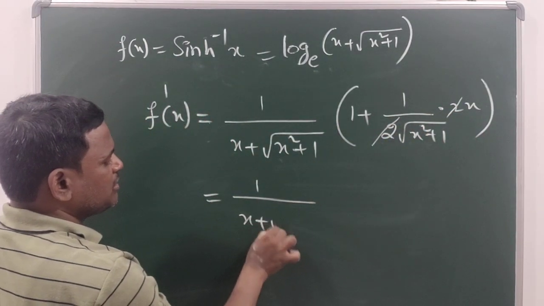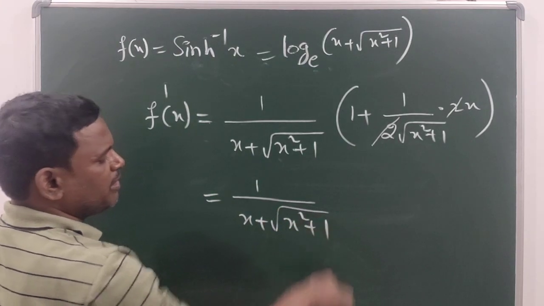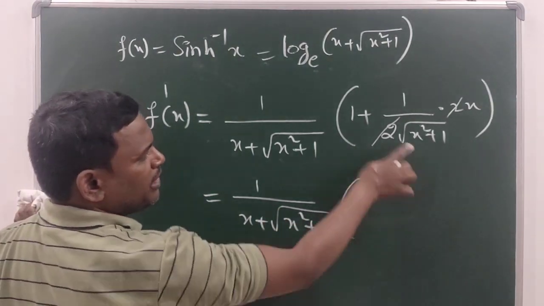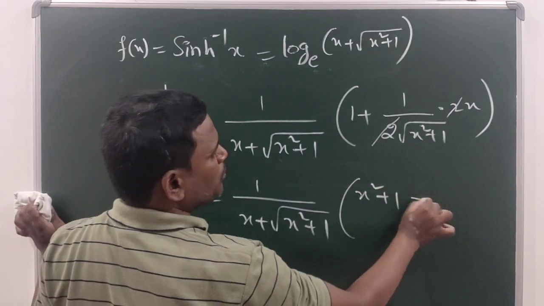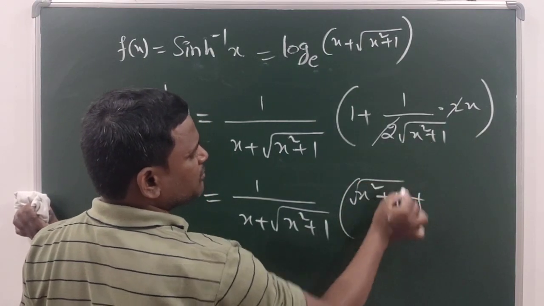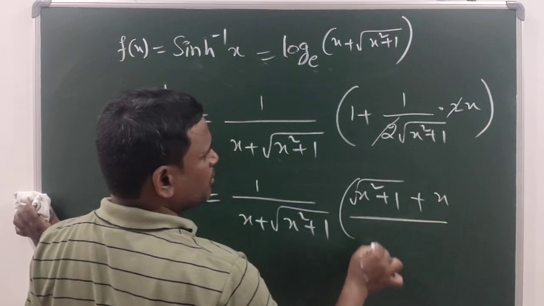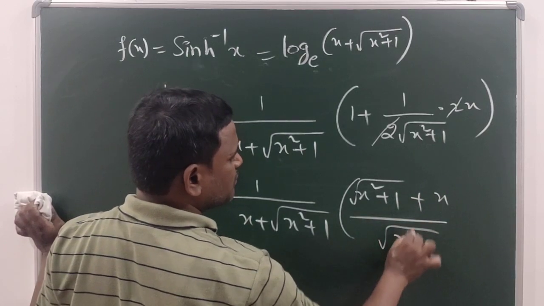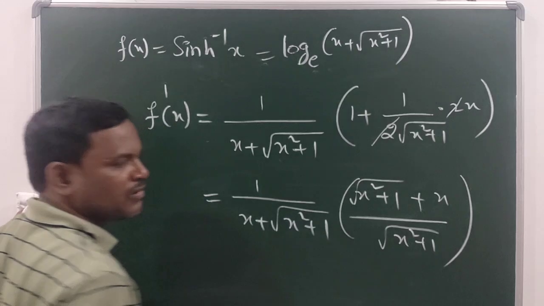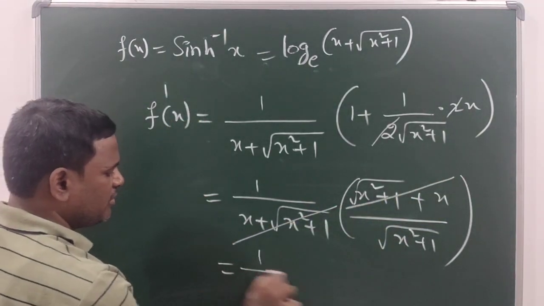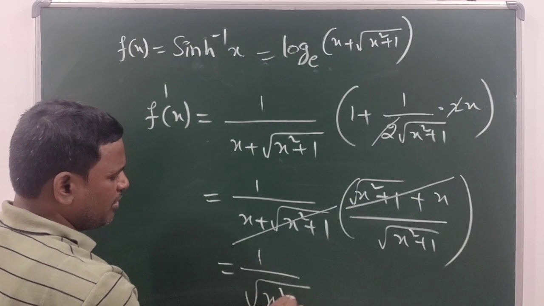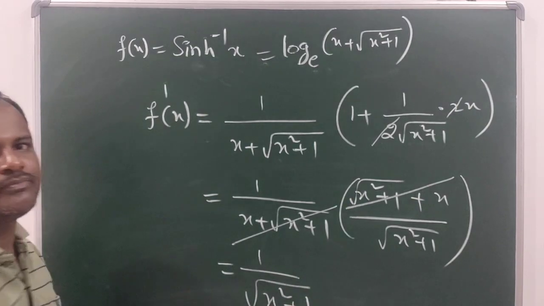Now take cross multiplication. 1 by x plus root of x square plus 1. So now when you take cross multiplication, root of x square plus 1 plus x by root of x square plus 1. Now these two will get cancelled. Now what is left? 1 by root of x square plus 1.